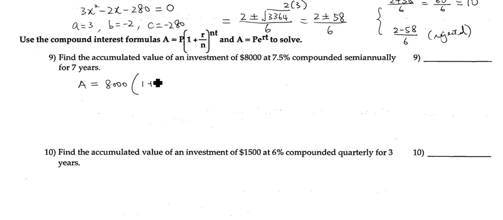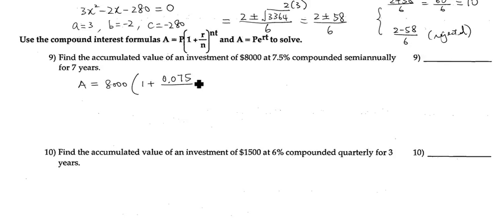So what does that mean? 0.075 over, now if you don't know 7.5% is 0.075, well, you need to remember percent means what? Over 100. So you have 7.5 divided by 100, then you get 0.075.